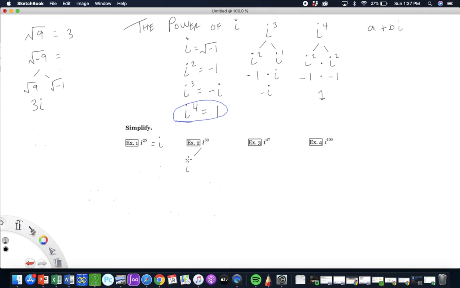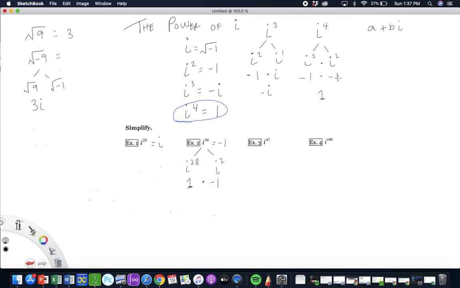What would be left over? I'm going to draw this one a little shorthand here. We'd have 2 left over. I took out all the possible groups of 4, which is 7, and 7 times 4 is 28. So this i to the 28th simply equals 1, and the leftover is i squared, which equals negative 1. Therefore, i to the 30th equals negative 1.